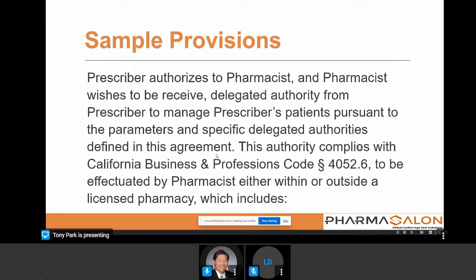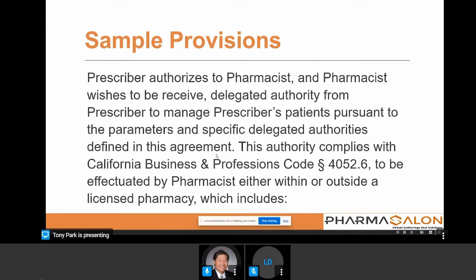After I've identified, in a section above this portion, who the prescriber is and who the pharmacist is, the provision reads: The prescriber authorizes the pharmacist, and the pharmacist wishes to receive, delegated authority from the prescriber to manage the prescriber's patients pursuant to the parameters and specific delegated authorities defined in this agreement. So heads up, there's going to be a portion of this agreement in which we define all the things that the prescriber is delegating to the pharmacist.